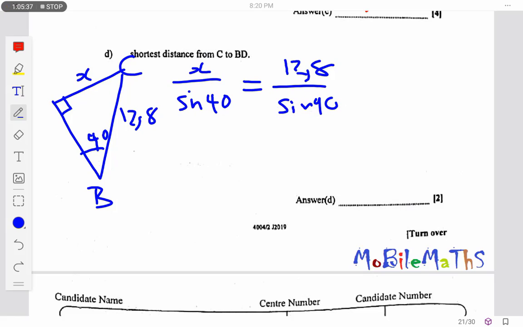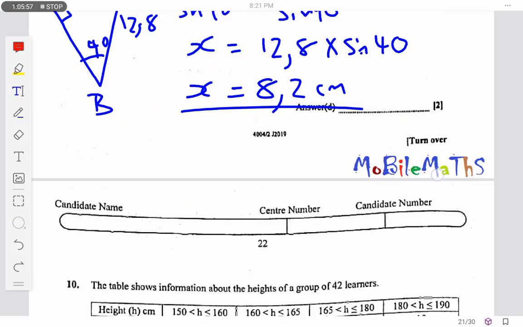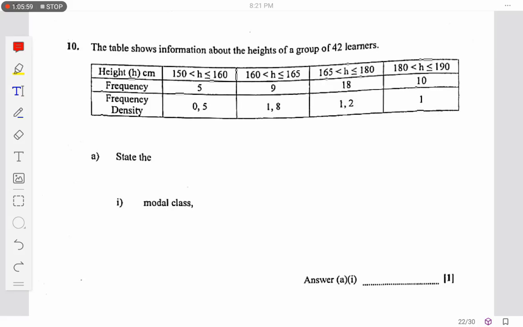Sine 90 degrees is 1, guys. So X is equal to 12.8 times sine 40 degrees over 1. So X is basically 12.8 times sine 40, which gives 8.2 centimeters. That was the last part of it.